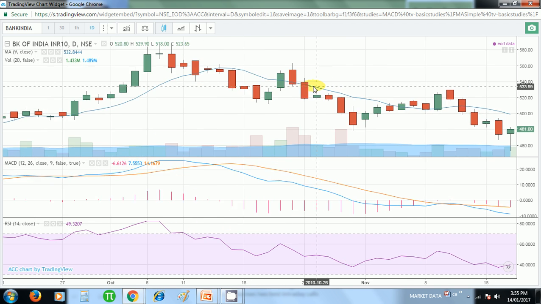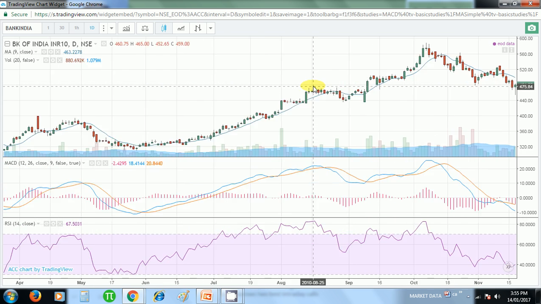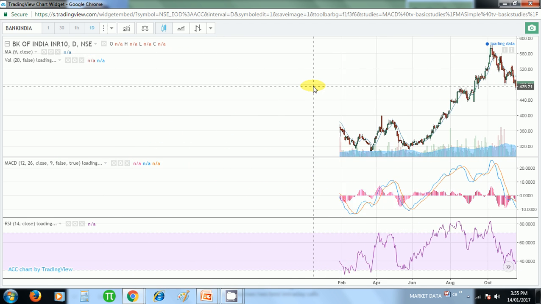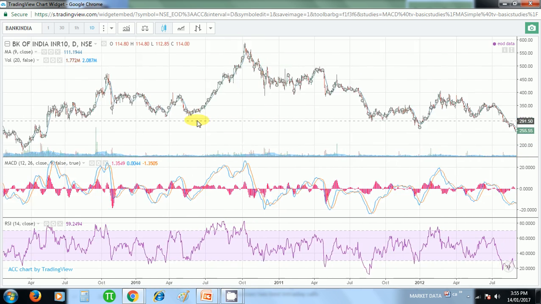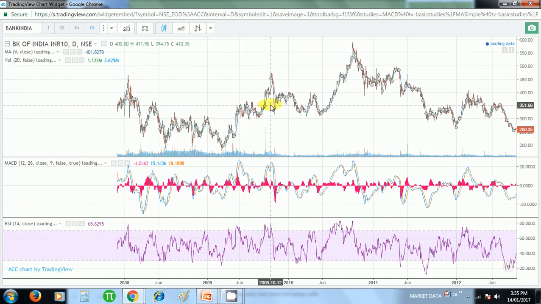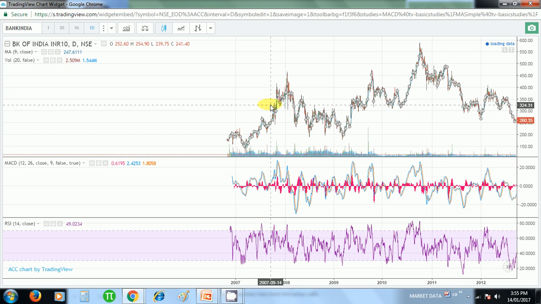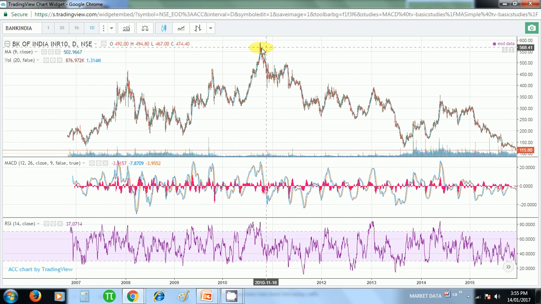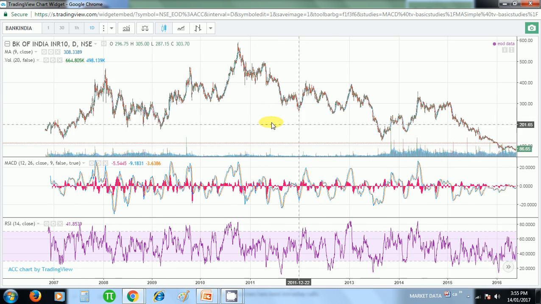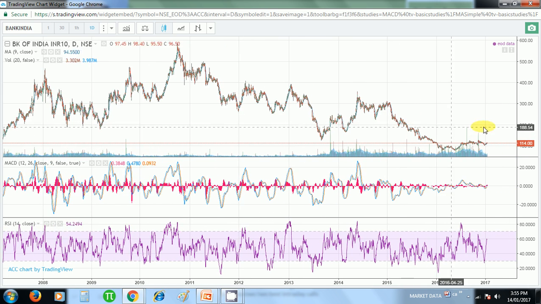From this value the Bank of India is currently trading around, just let me unzoom the chart. Our pattern was here, and right now the Bank of India is here. So take a look and observe.